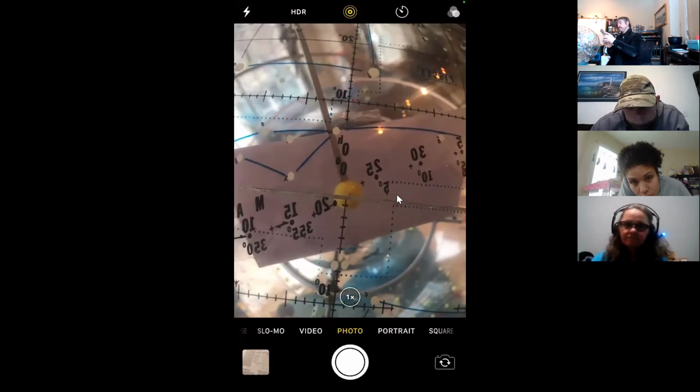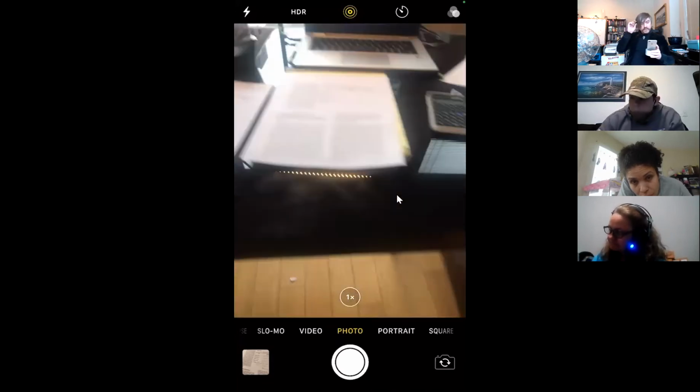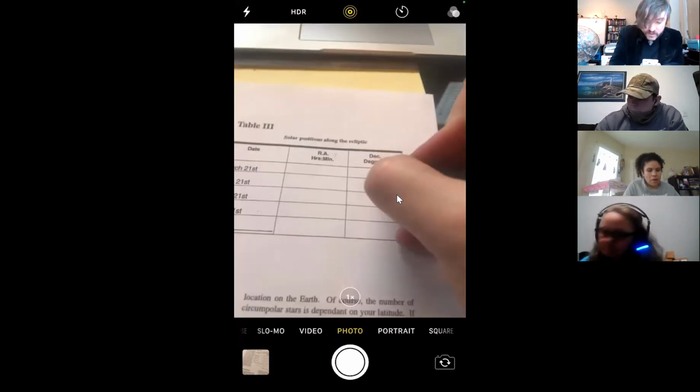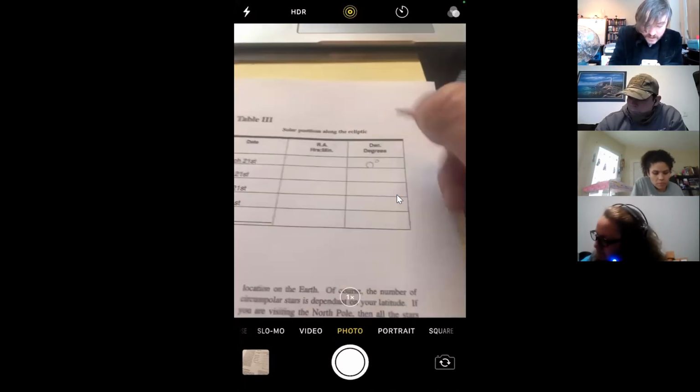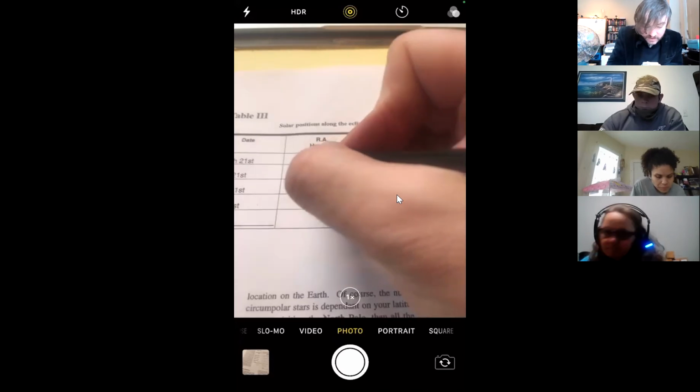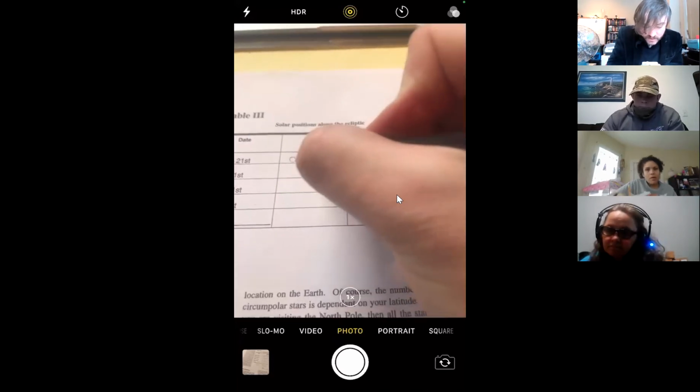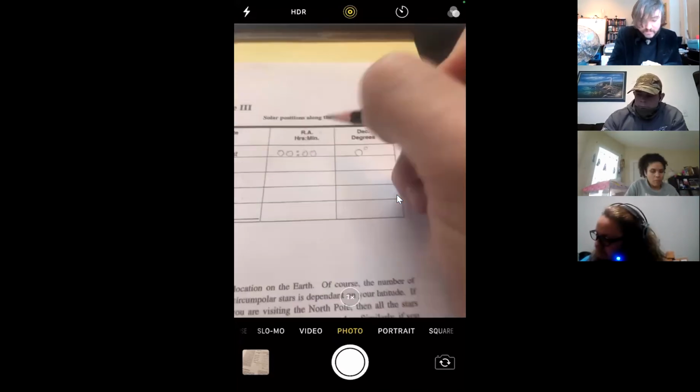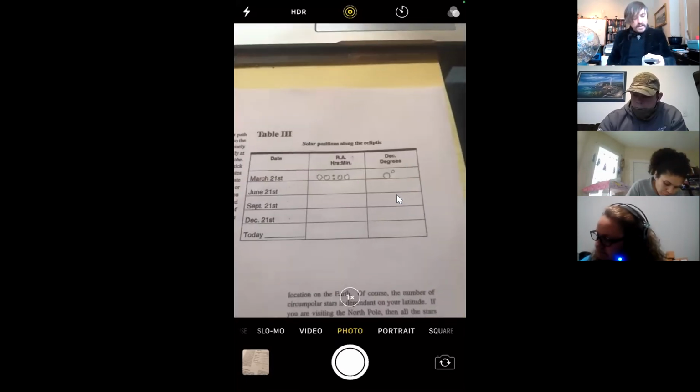Zero hours and 0 degrees. Excellent. It's on the celestial equator, so it's 0 degrees, and it's on the so-called spring equinox, 0 hours and 0 minutes. Good. Now let's move it over to June 21st.